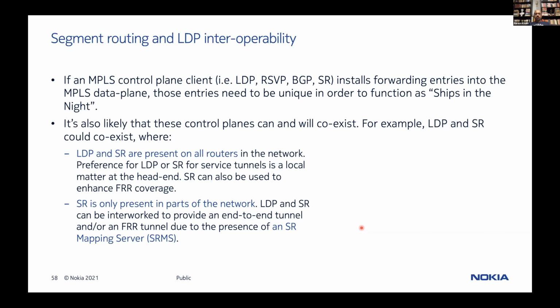Now, the other scenario is where you have a network where segment routing is only available in some parts of the network. So you have a mixed scenario here. There are some routers that support LDP and SR, some that support SR, and some that only support LDP. So you need to cater for that kind of scenario as well.